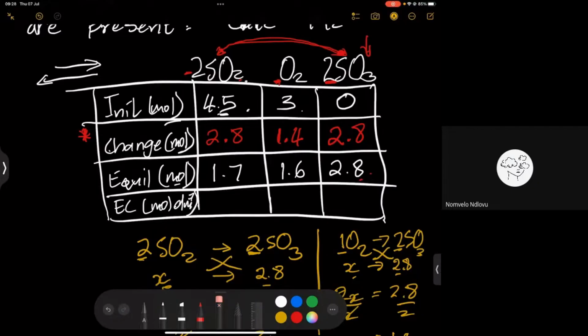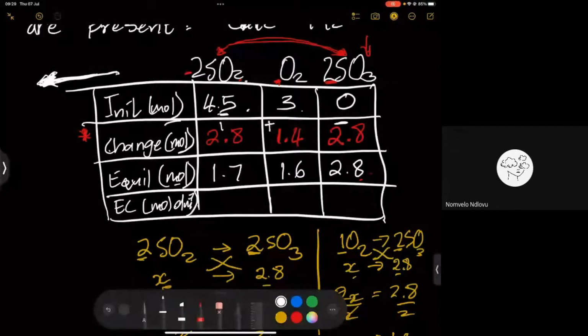But that is not always true, because the moment you have the reverse reaction taking place, as I did say, there's an example that I did from the recent May-June exam, where there was the reverse reaction occurring, and now you found that the one that is supposed to be the product is now the one that decreases, and the ones that are supposed to be the reactants are the ones that now increase.